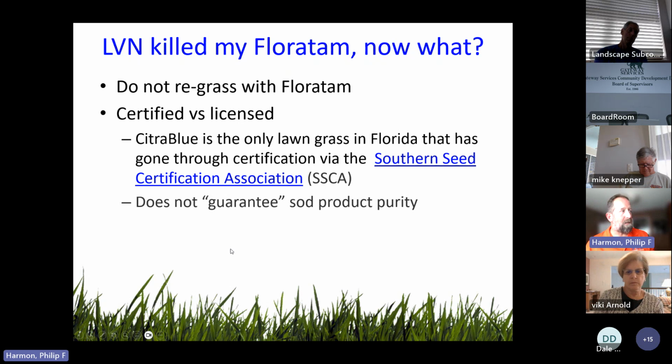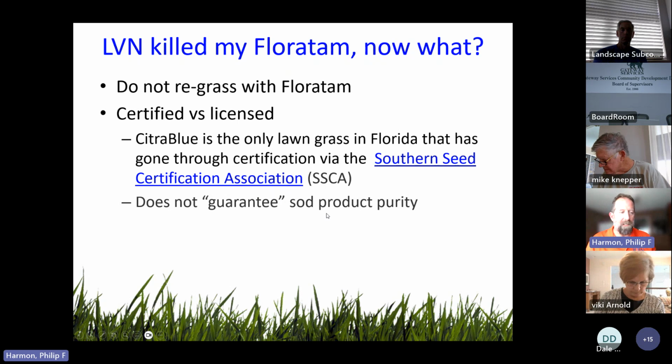So there's some questions about certified sod versus licensed sod. The new variety Citra Blue is the only grass in Florida that's certified. There are folks pushing certified sod that don't actually mean certified from the Southern Seed Certification Association, SSCA. Certification also does not guarantee sod product purity.